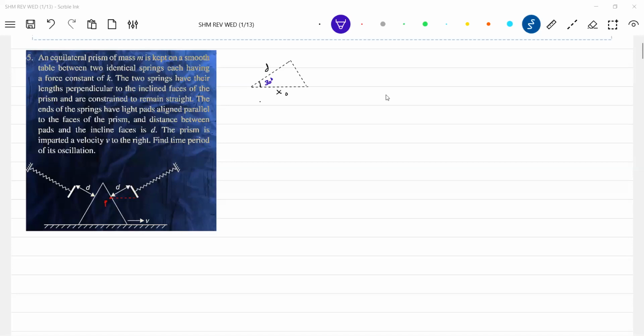So what is x naught? X naught is the displacement of the prism. So cos 30 will be d by x naught.